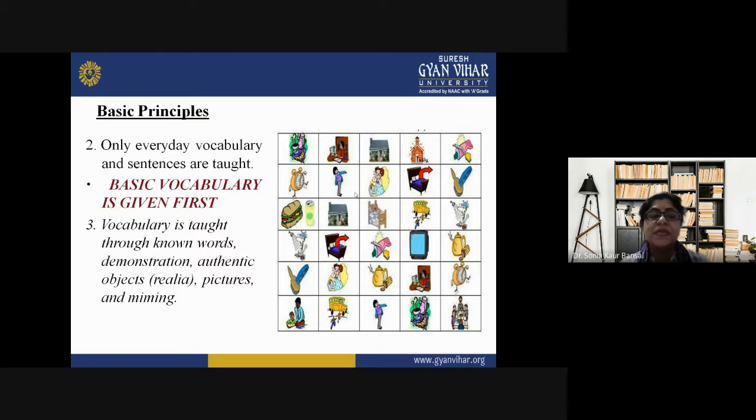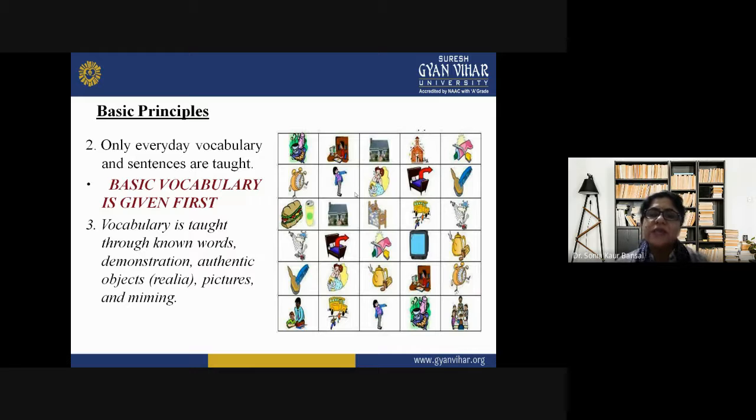Vocabulary is taught through known words, demonstration, authentic objects, realia, pictures, and miming. You can see there are so many pictures given in my presentation, and these are some basic things: a clock, a dress, a comb, a chair.